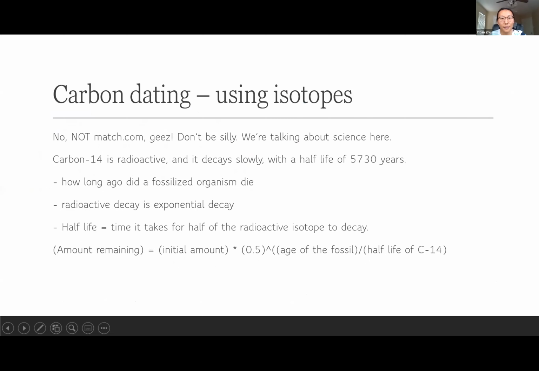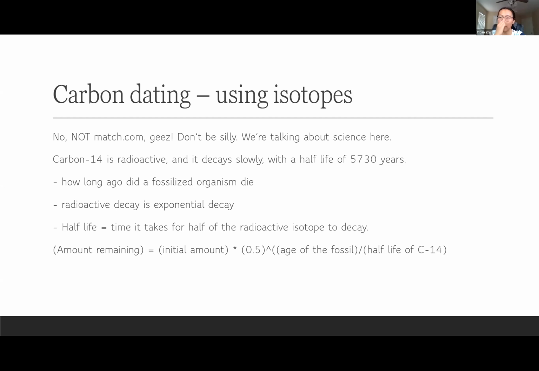So one interesting use of carbon isotopes, 12 and 14, is to tell you how long ago a fossil was alive. And the reason that works is because, in the atmosphere, there should be a constant concentration of carbon 14.